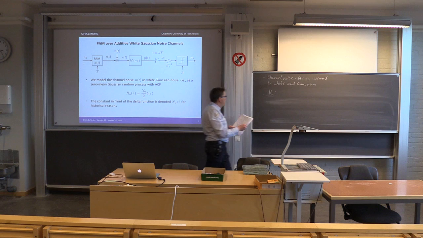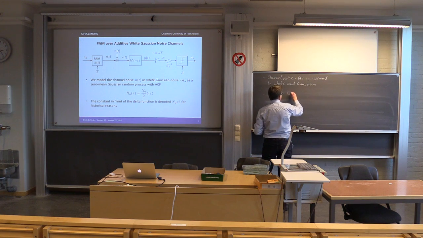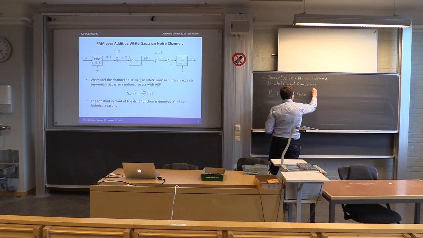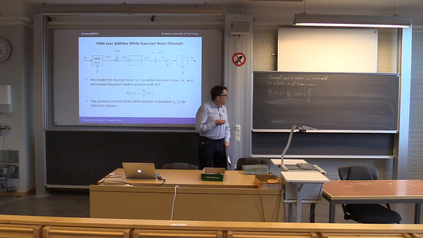And the autocorrelation function then is this N naught over 2 times delta of t. Okay, so let's look a little bit closer at this. What can we say about the autocorrelation function when tau is not equal to 0?